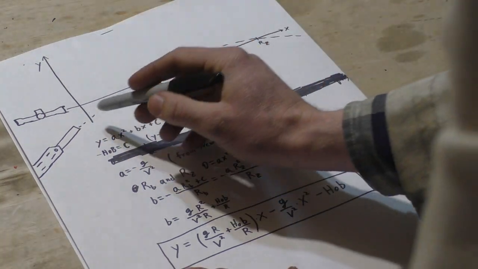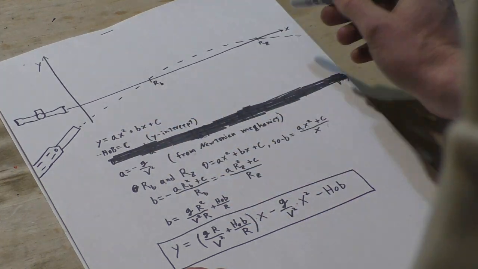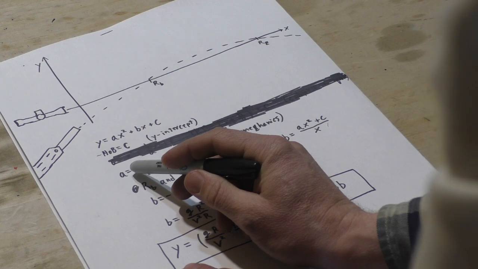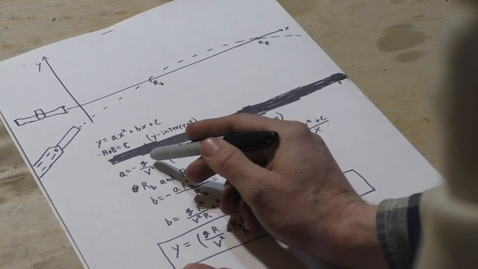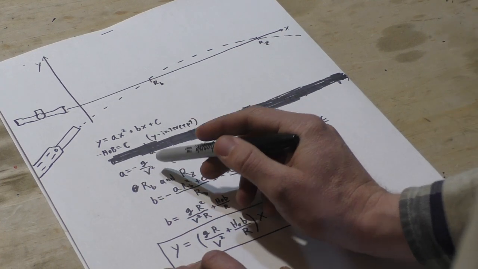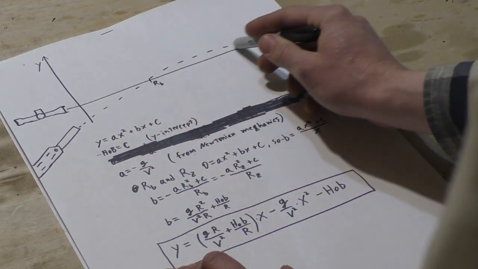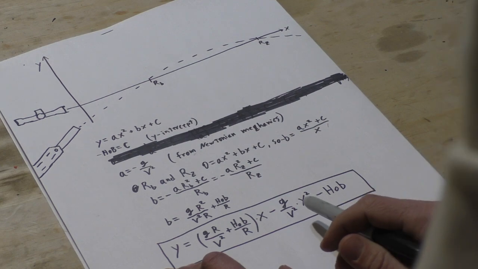Then we know from Newtonian mechanics that for this to be a parabolic trajectory, this a term is going to have to be equal to negative g over v squared, where g is the acceleration of gravity and v is the horizontal velocity of the bullet as it moves downrange.